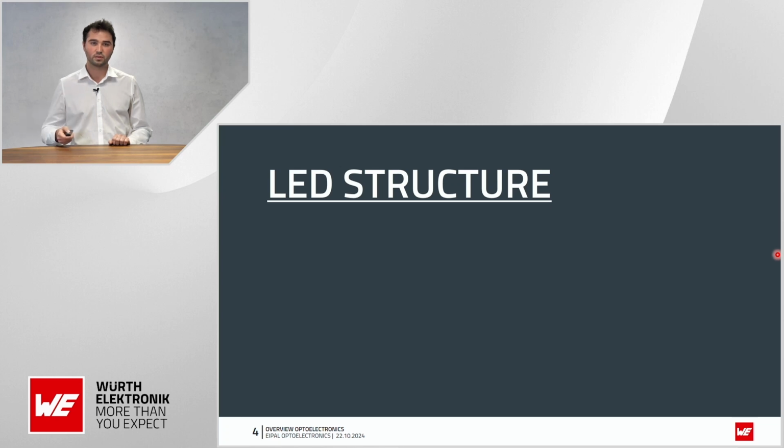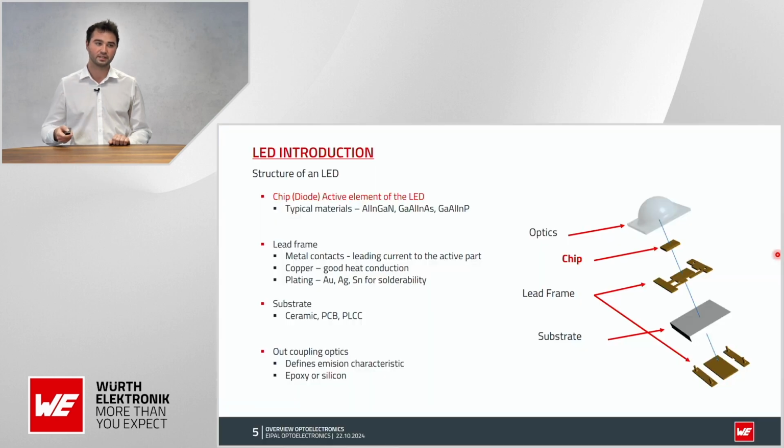So first I want to give you a better understanding of how an LED is built up. So what's inside, what's important? The key or the most important element in the LED is the chip. The chip is a semiconductor material, and that is where the light is really made.